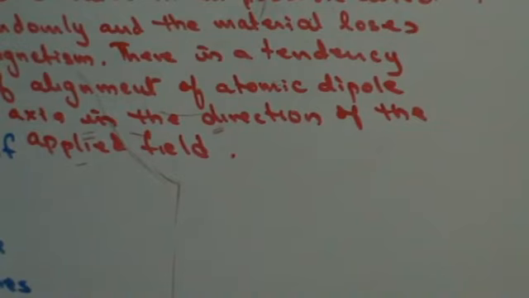Fine, do you get this thing here? Thus the alignment of the dipole axis in the direction of the field is more pronounced in stronger field and at low temperature. This property is more if the external field is strong and at low temperature.